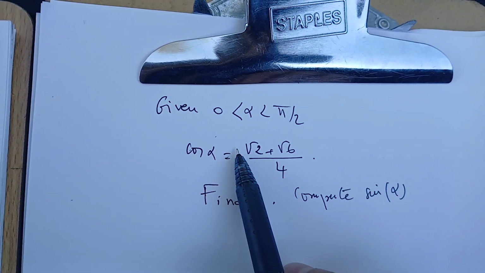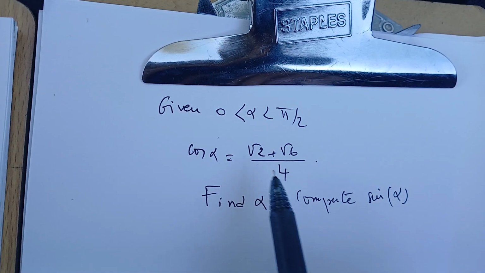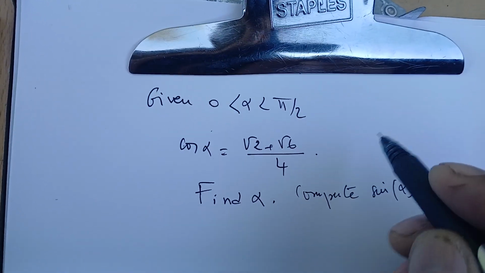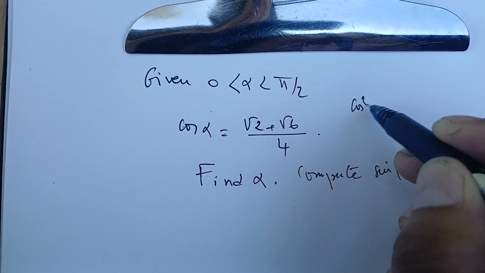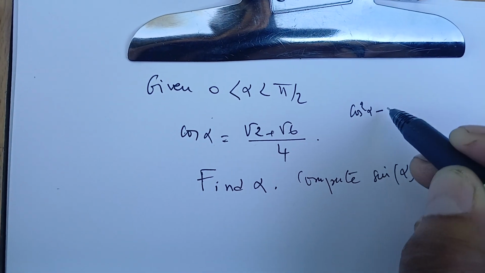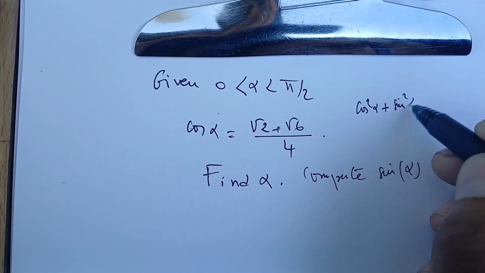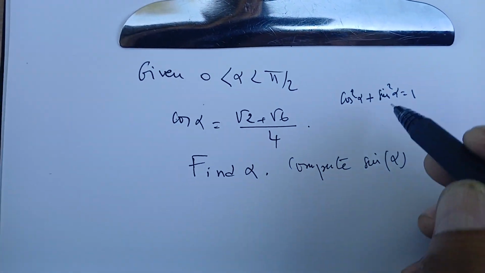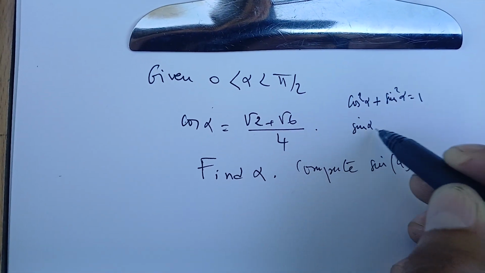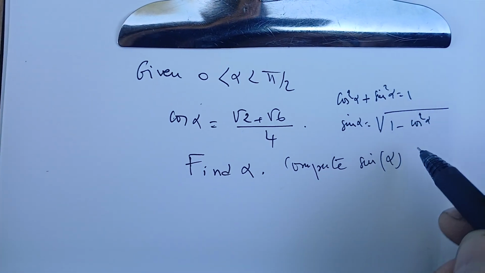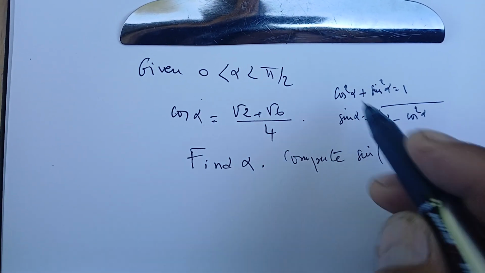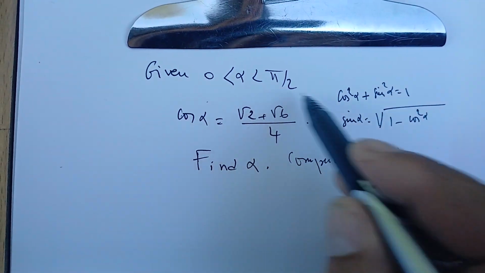We can compute that very easily using this formula that the cosine squared of alpha plus sine squared of alpha is 1. And the sine is just the square root of 1 minus cosine squared of alpha. And since alpha is in this interval, the sine is positive.